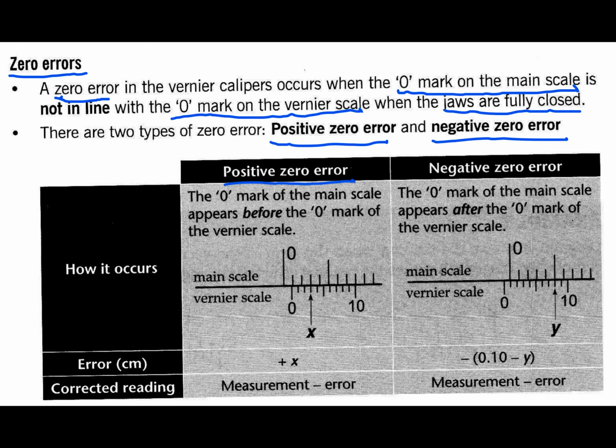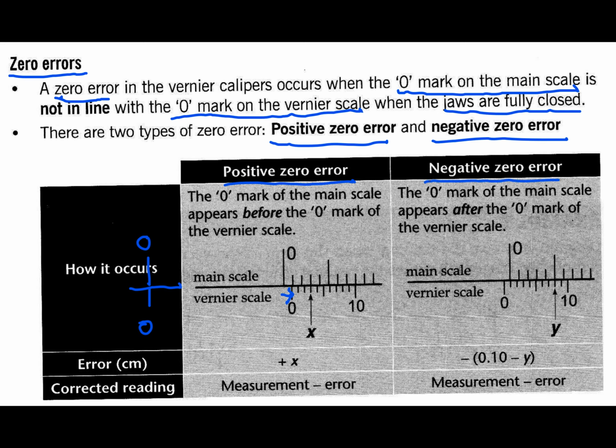In the case of the positive zero error, when the jaws are closed, there is actually a positive reading. When the jaws are closed, the two zeros are supposed to be aligned with each other. But in a positive zero error, when the jaws are supposedly closed, there is still some positive reading, and that is why this is called a positive zero error.